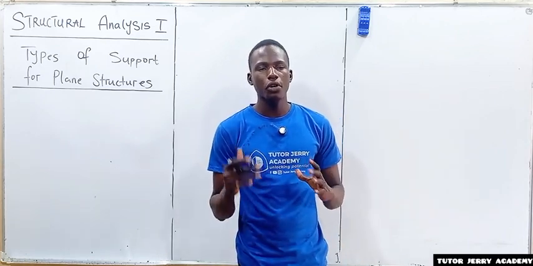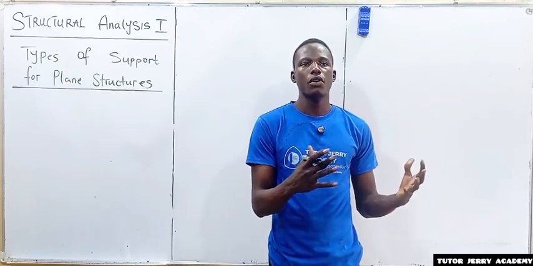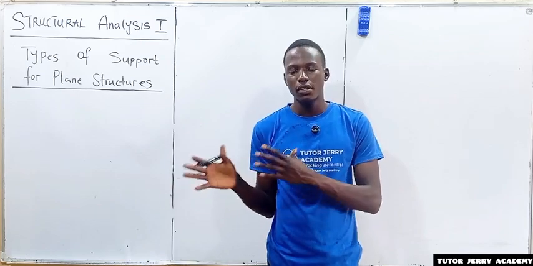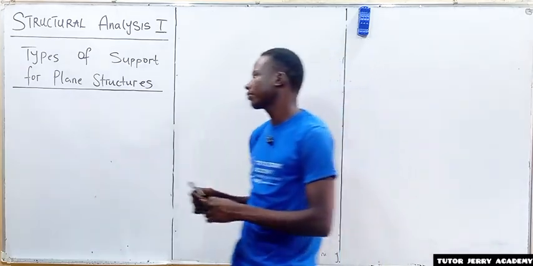I'll be drawing the diagrams on the board, even as I explain the diagrams of these supports and their free body diagrams. So we have number one, which is the first category.